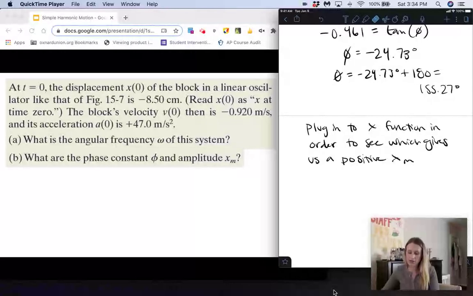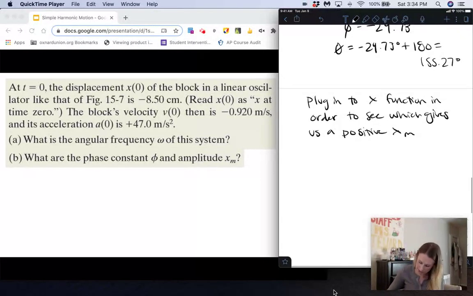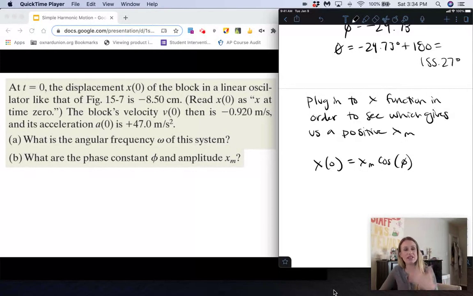All right, so if we look at our position function, I'm going to look at the position function at time t equals 0 because I know what that is equal to. That's going to be equal to xm times the cosine of just phi, because it's cosine of the phase, which is omega times t plus our phase constant, but t here is equal to 0.